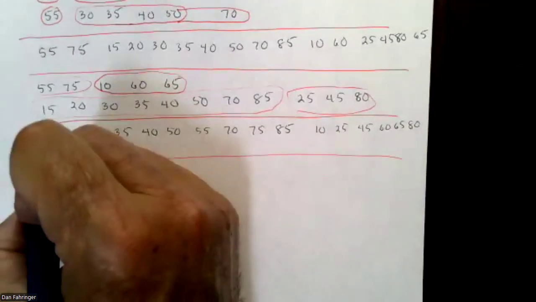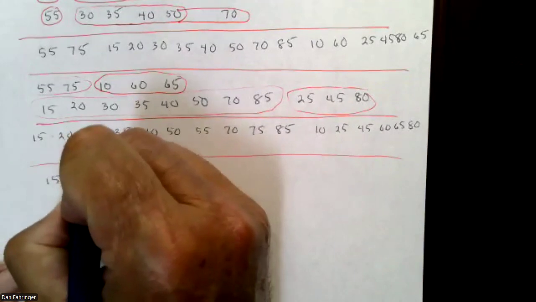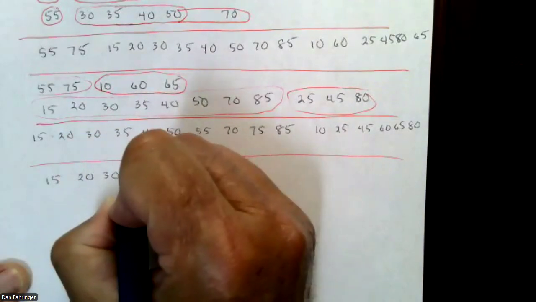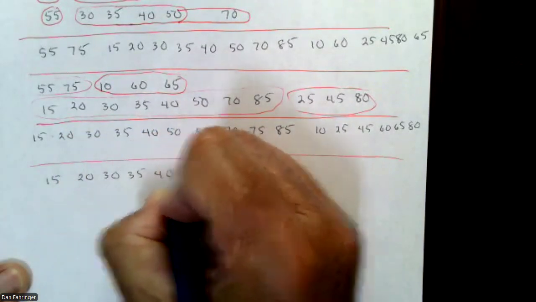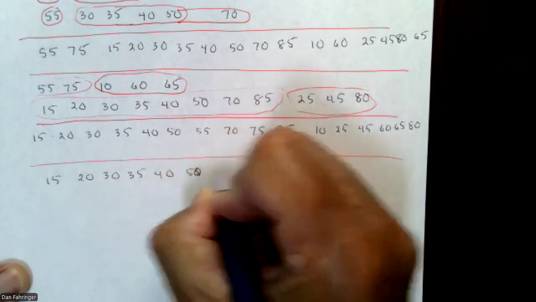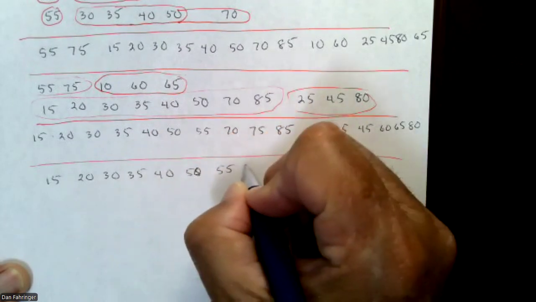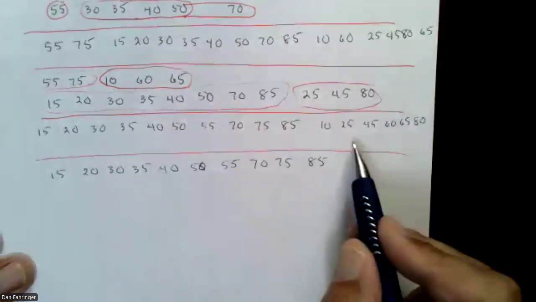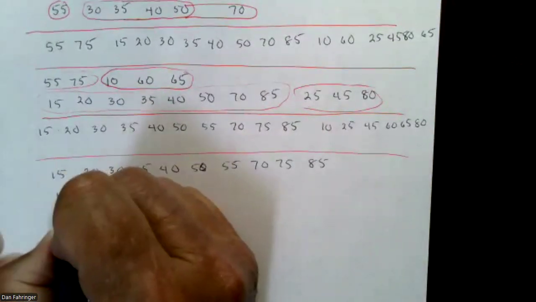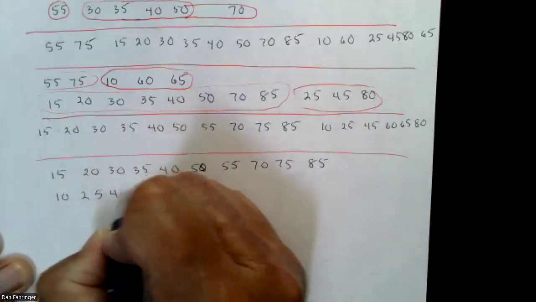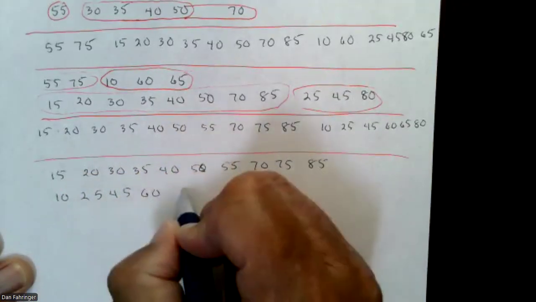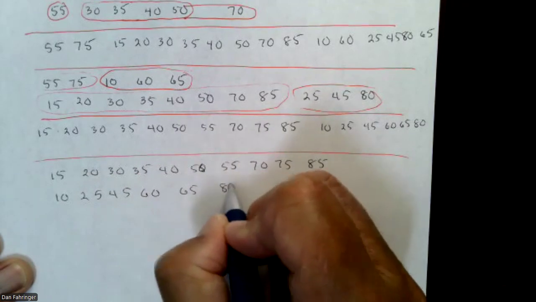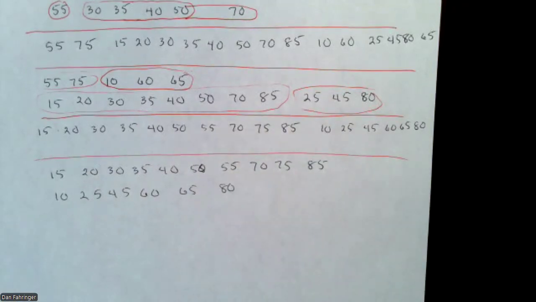My first natural run, 15, 20, 30, 35, 40, 50, 55, 70, 75, 85. My second run, 10, 25, 45, 60, 65, and 80. Nice. I'm down to my last two.